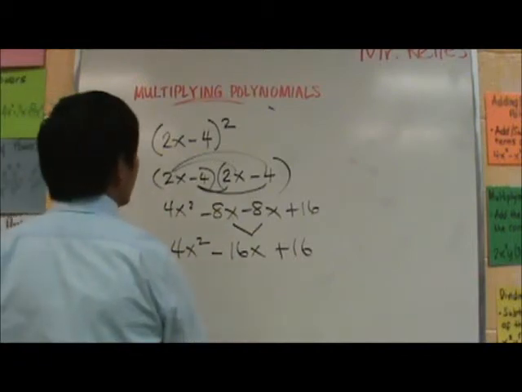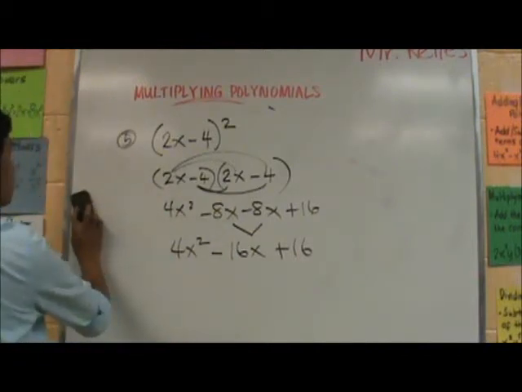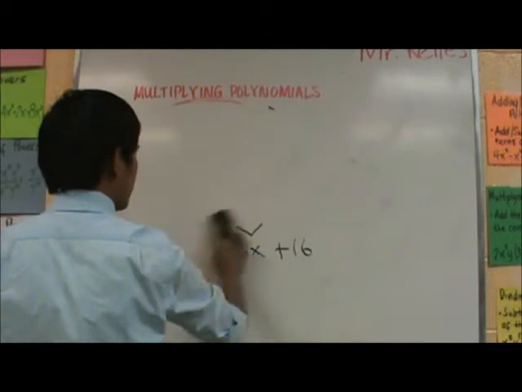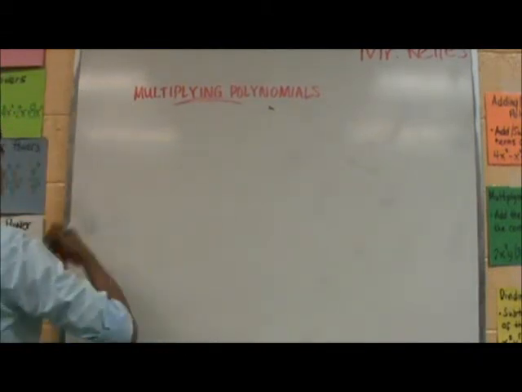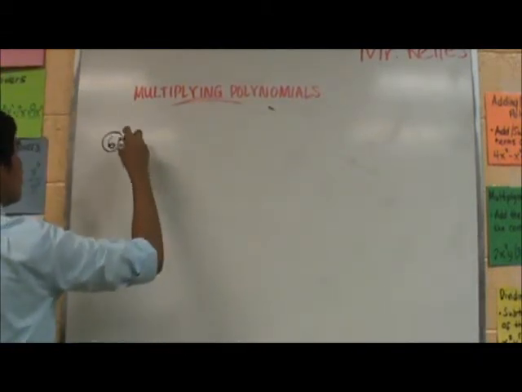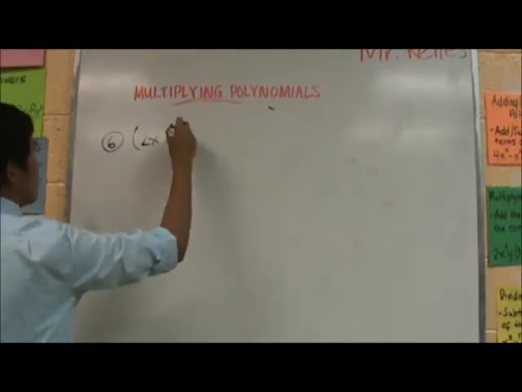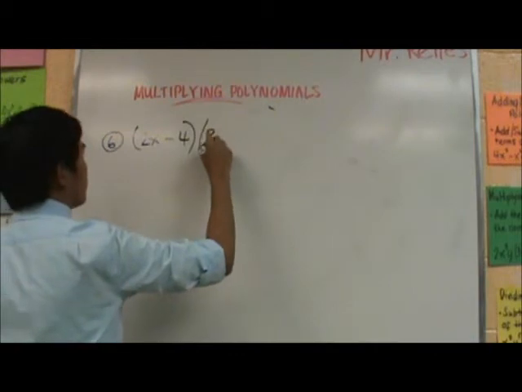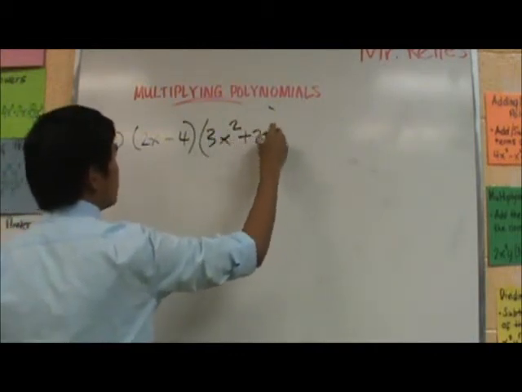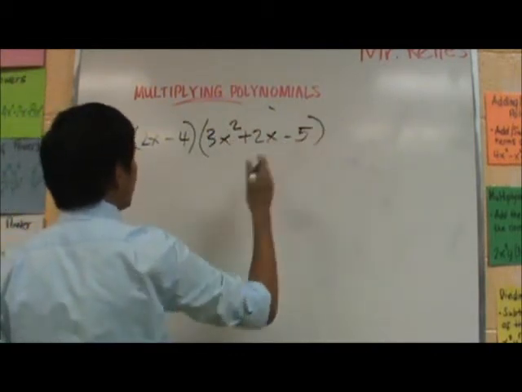Okay? Now, let's try another one. Number 6. Let's try the last one, number 6. Let's do 2x minus 4 times 3x squared plus 2x minus 5. Here you go.